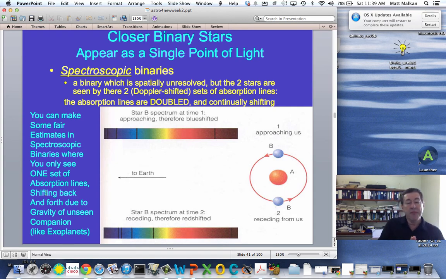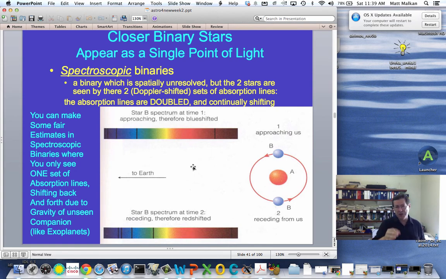But anyway, there is one little detail about this that I'll just lay on you for right now. It's not terribly important, but you can see all of my diagrams here are assuming that all of the orbital motions of these stars are in the same plane as Earth. In other words, the orbital plane lies along the direction to the Earth.